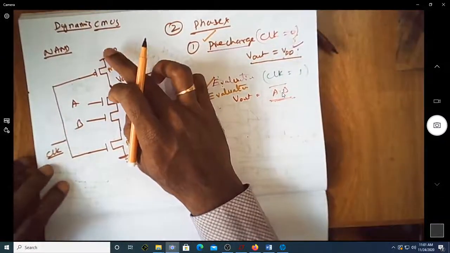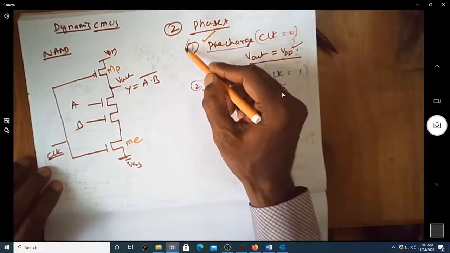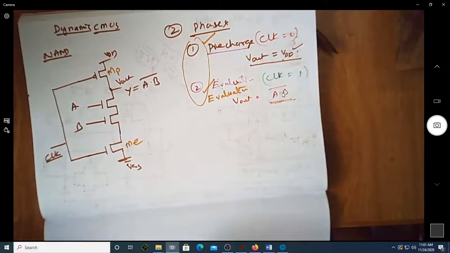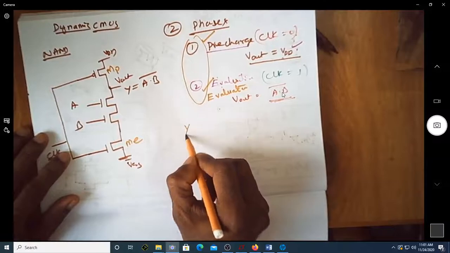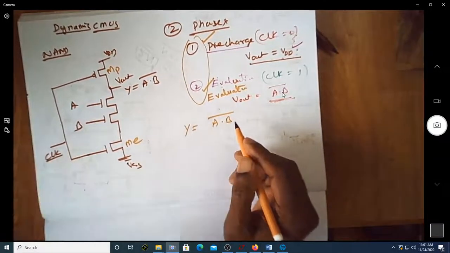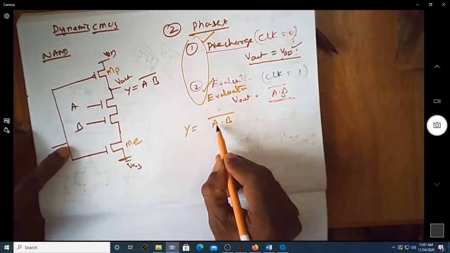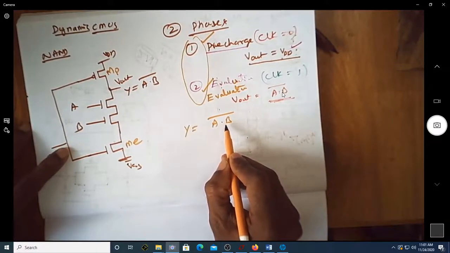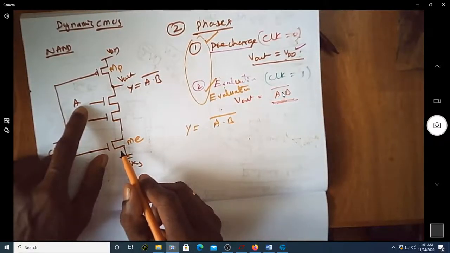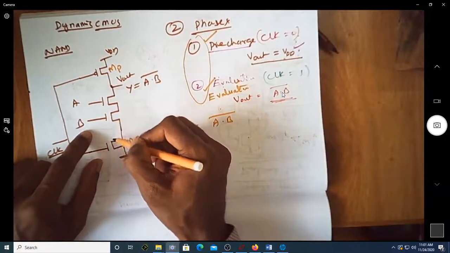There is no path from VDD to ground at any point of time, because in either of these two phases, pre-charge or evaluation, one of the transistors is off, and we have the output Y equal to A and B. Since this is on during the evaluation condition, depending on the AB value, the output will either become 0 or 1.